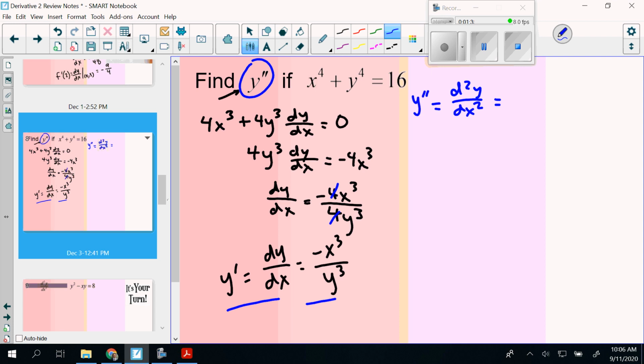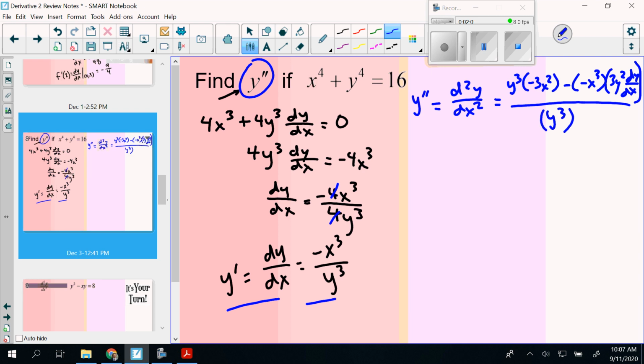So we've got low d high, the derivative of the top would be negative 3x squared, minus high d low, the derivative of the bottom would be 3y squared, but it also needs the derivative dy/dx, because that was finding the derivative of y, all over our low squared.